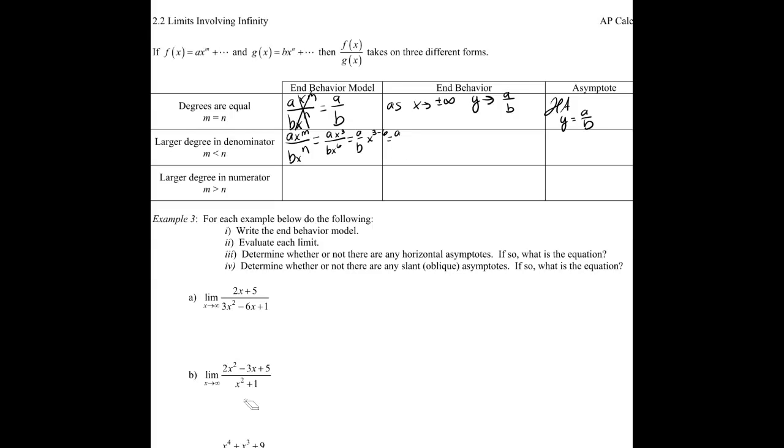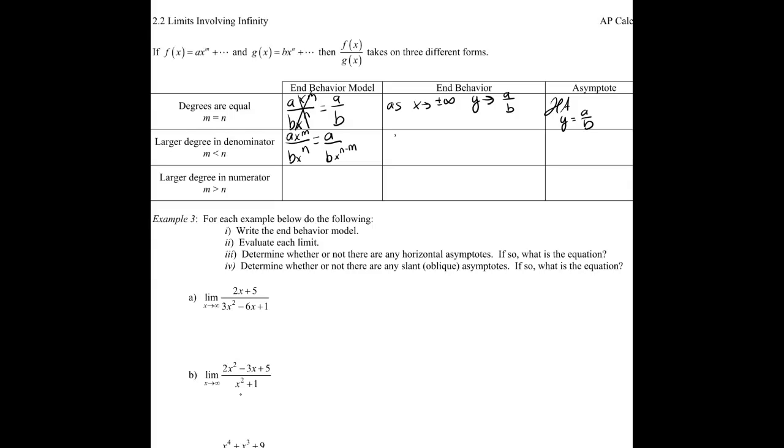So in general, I'm going to have a over b times x to the n minus m. Since I have more x's in the denominator, my denominator is going to get bigger and bigger and bigger, while my numerator stays constant the whole time, which means the fraction is actually going to get smaller.